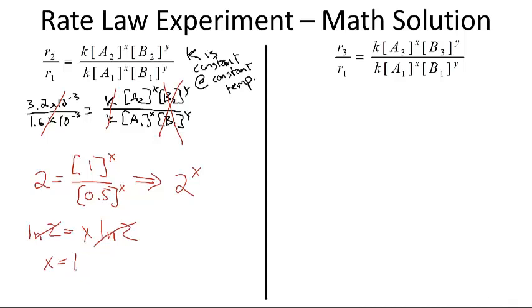Yeah. Okay. Now, if we do the same thing, I want you guys to do the same thing over here. Derive R3 over R1 to determine y. How do I get from here to... So the question was, how did I get from 1 to the x over 0.5 to the x to equals 2 to the x? Okay.